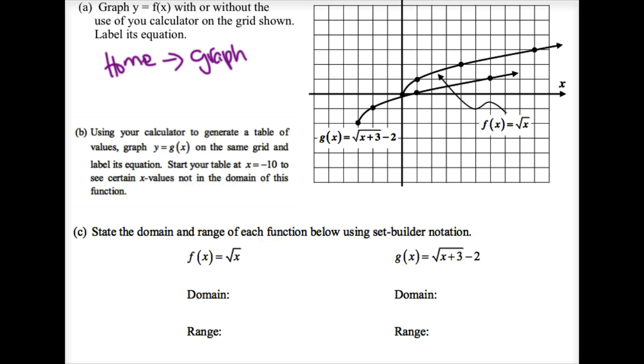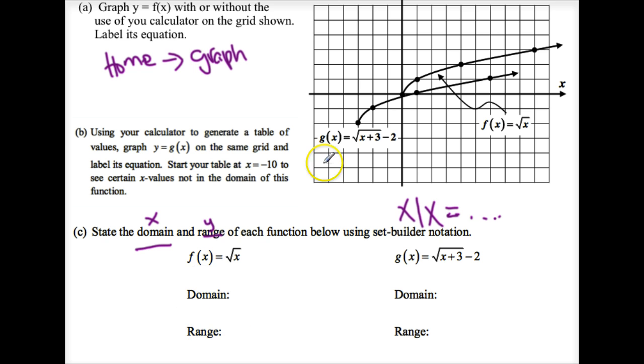So here we're going to talk about our follow-up question, which is, what is your domain and your range using set builder? Set builder is when you write x such that x is equal to something. Your domain is my x, and my range is my y.